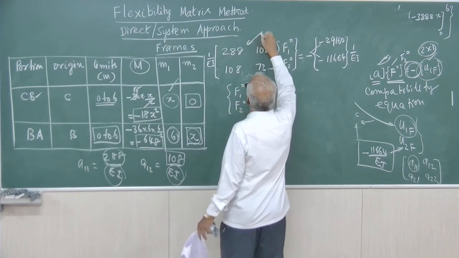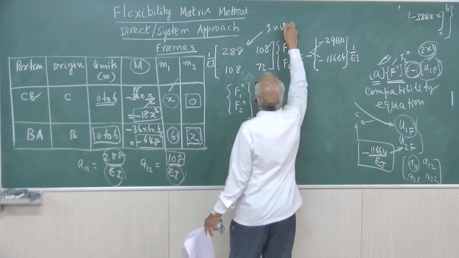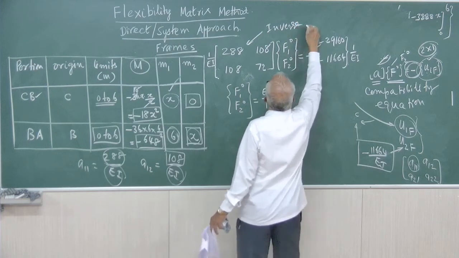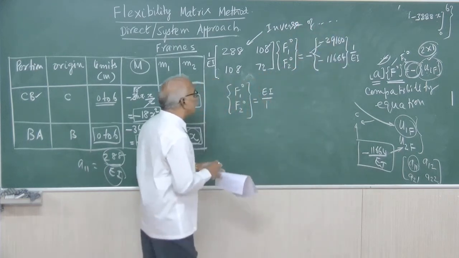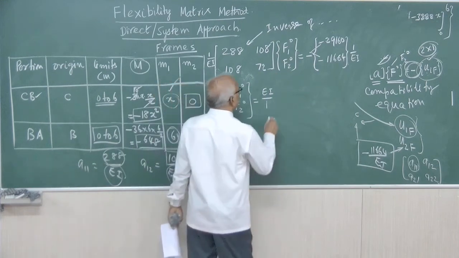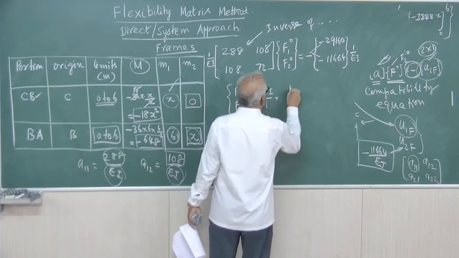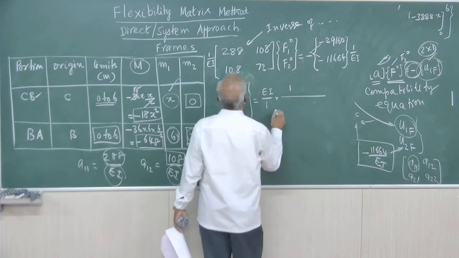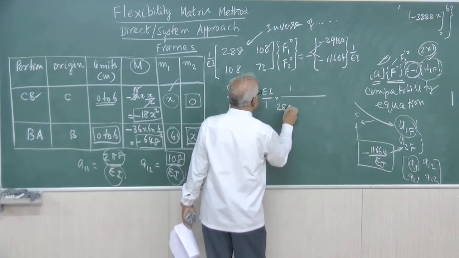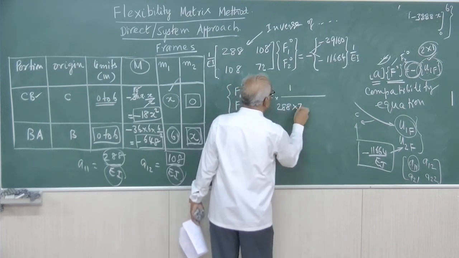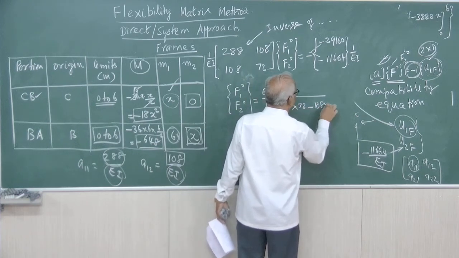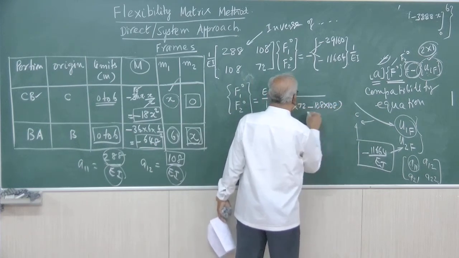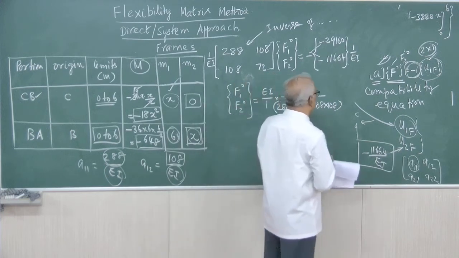The inverse of this value will be 1 by determinant. 1 by determinant equal to 1 by 288 into 72 minus 108 into 108. This is 1 by determinant.